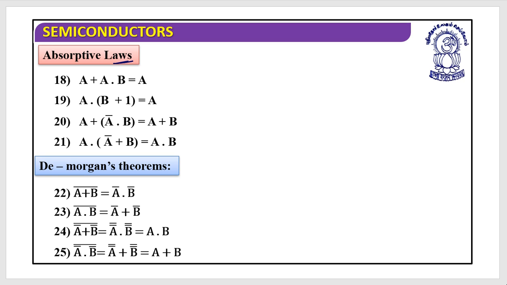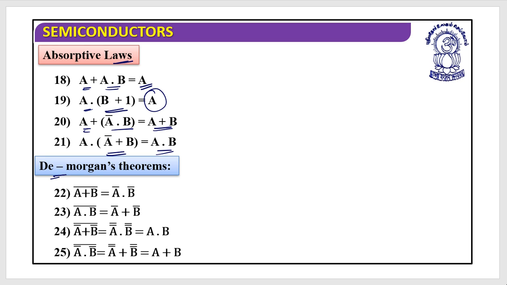Absorptive laws: A plus A dot B is equal to A, and A dot (B plus 1) is equal to A again. A plus A bar dot B will be A plus B, and A dot (A bar plus B) will give me A dot B.